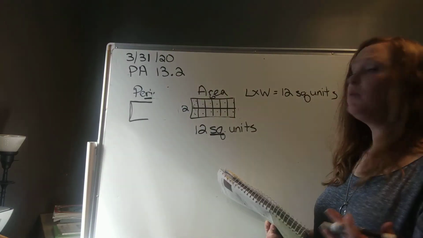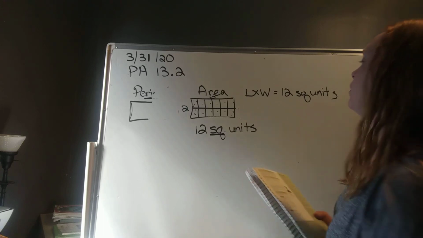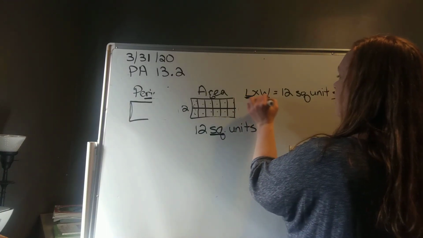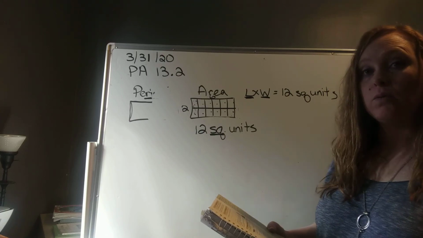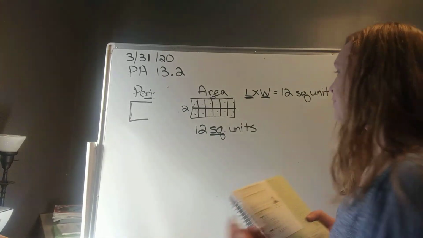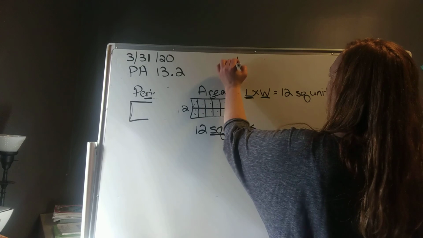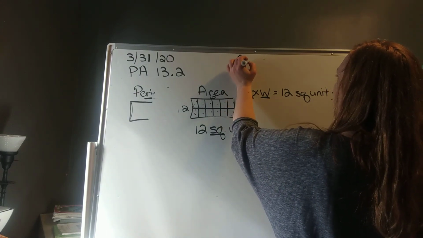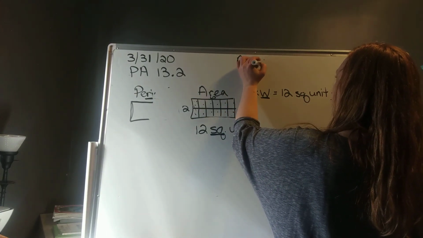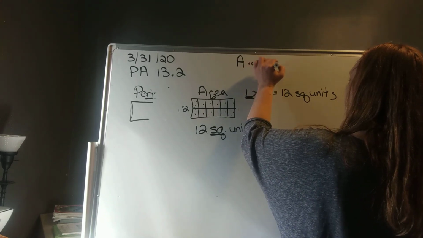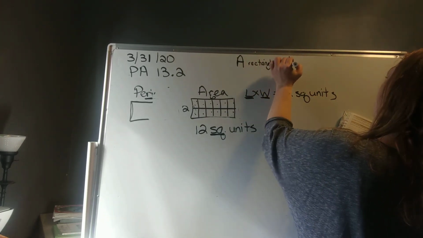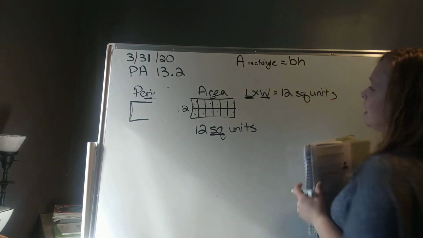Now, as we move into pre-algebra, we won't be calling this length and width anymore. So the area of a rectangle when we're using pre-algebra terms is the base times the height. So the area of a rectangle equals the base times the height.